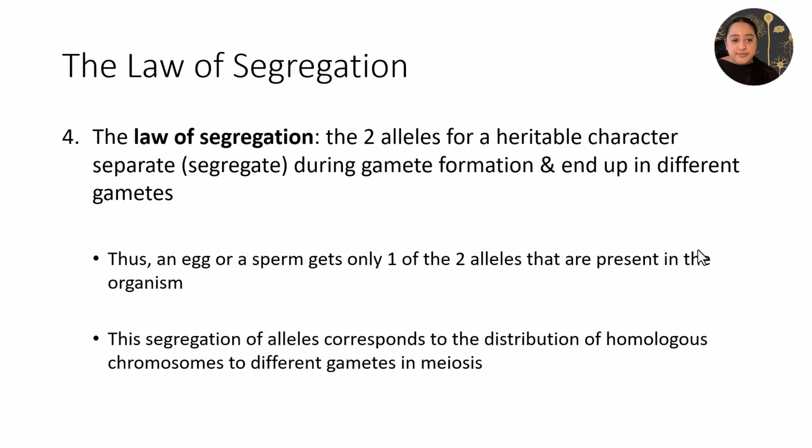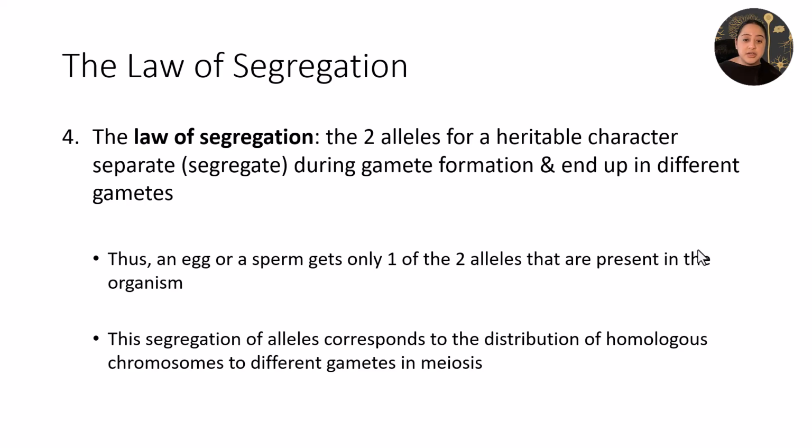His fourth conclusion is something he called the law of segregation. He came up with two laws. The law of segregation says that those two alleles for a heritable character separate, or segregate, during gamete formation and end up in different gametes.